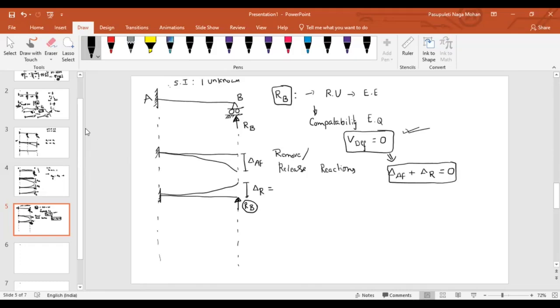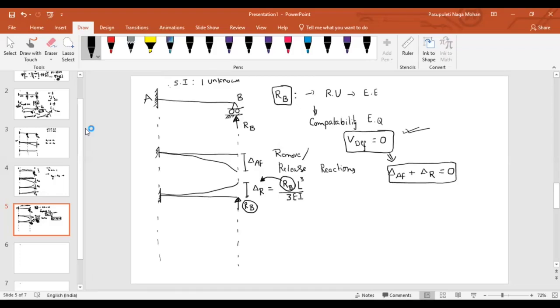If you remember, for a cantilever subjected to a point load, the deflection formula will be RB into a cube by 3. Only if you know this magnitude RB can you find delta R, isn't it? If you don't know RB, can you find delta R?